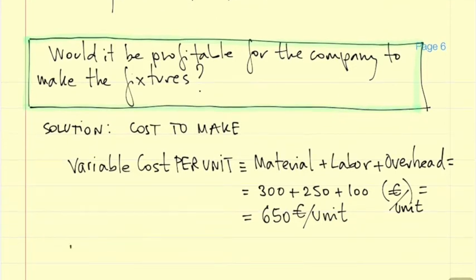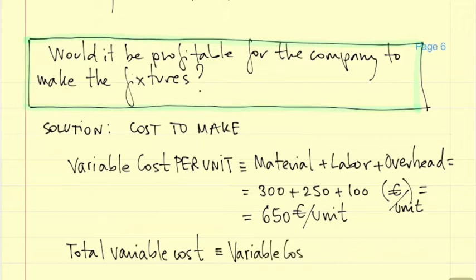And the total variable cost is the variable cost per unit times the expected demand.